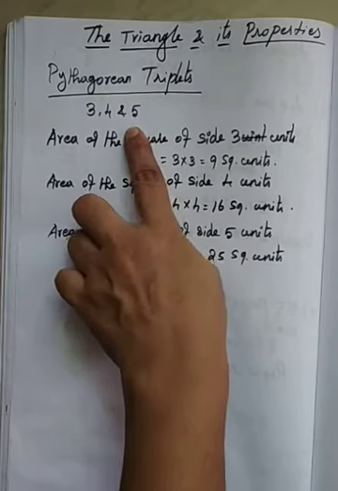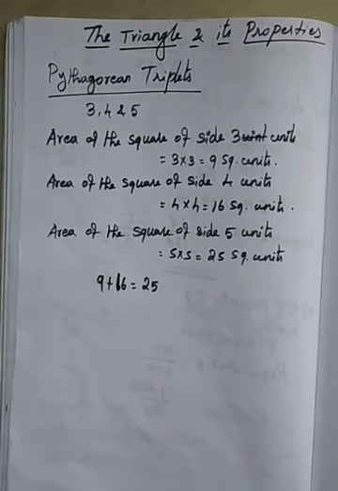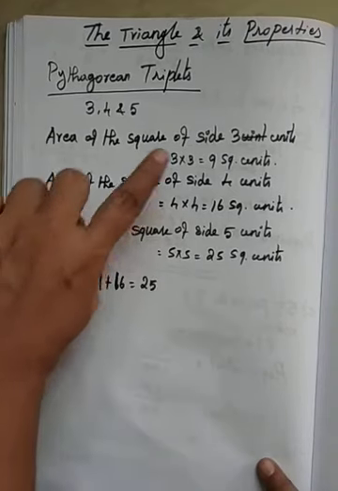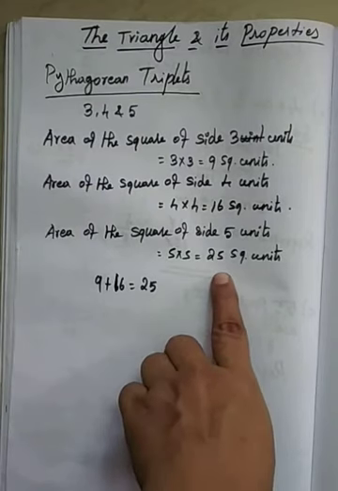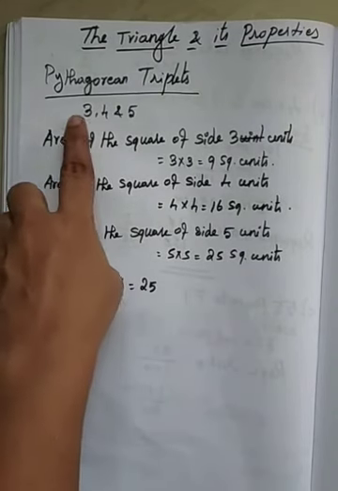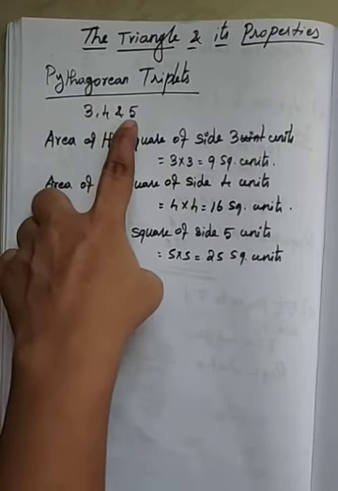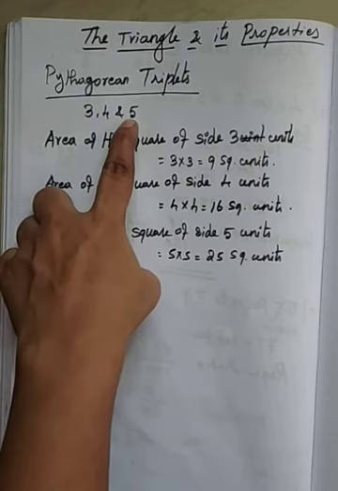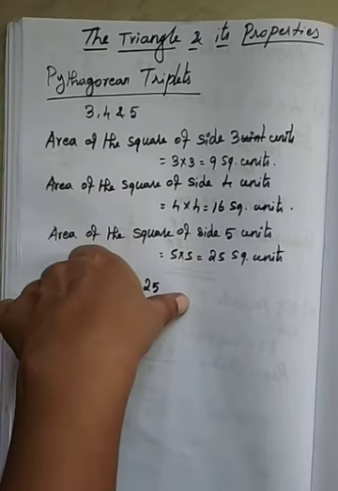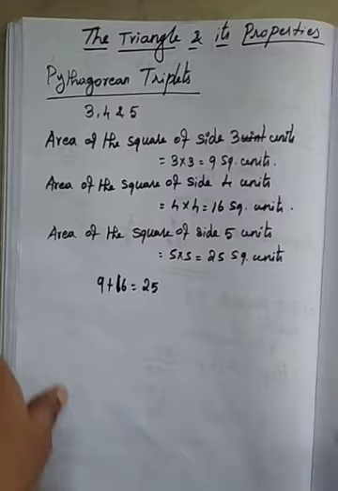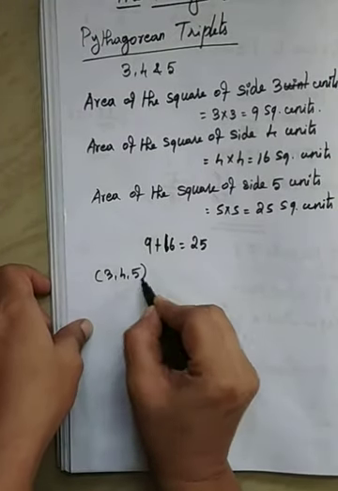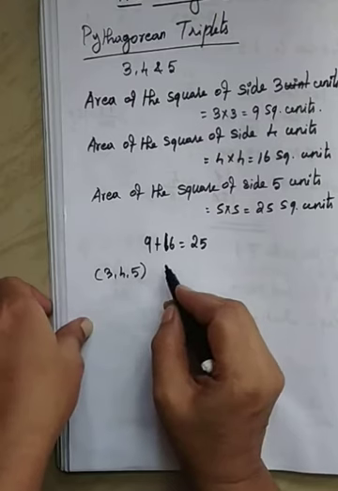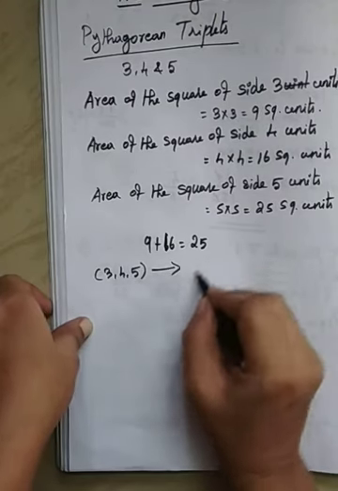Thus 3, 4, 5 is called a Pythagorean triplet.